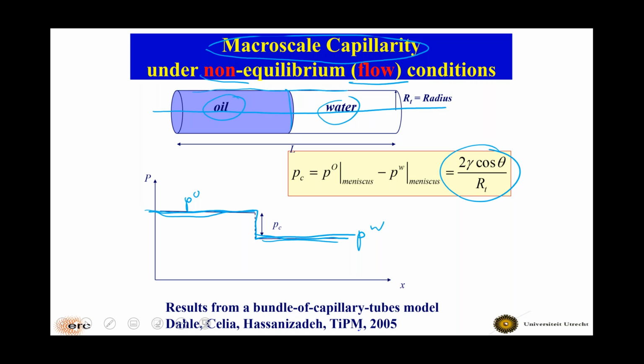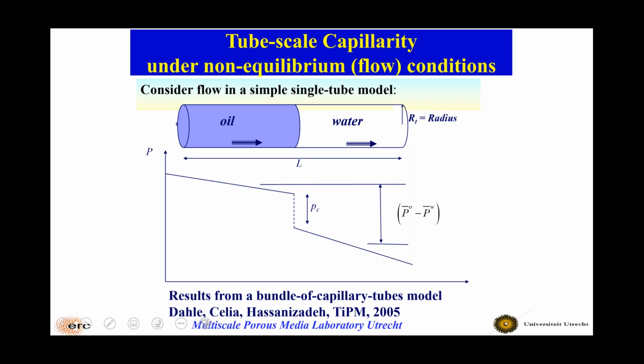Now, if there is flow, what happens? Because there is flow, there must be a gradient in pressure of oil and a gradient in pressure of water. At the interface, there is a jump equal to capillary pressure. So now if you average this, the average over the oil phase will be somewhere here. This is the average oil pressure, capital P oil.